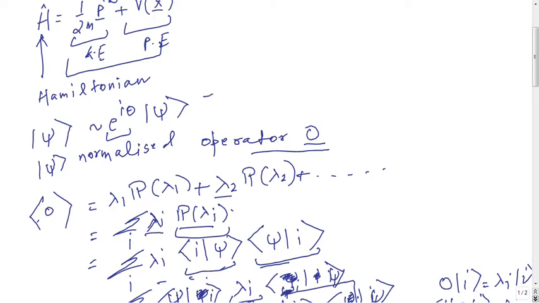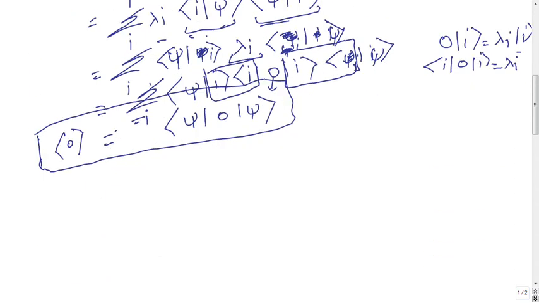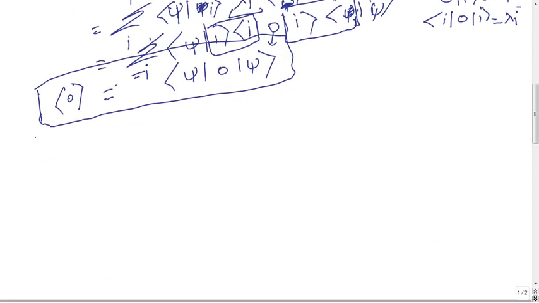So if I call this scaled state phi, then the expectation value of any dynamical variable and its corresponding Hermitian operator in that state would be given by this, as we have done over here.